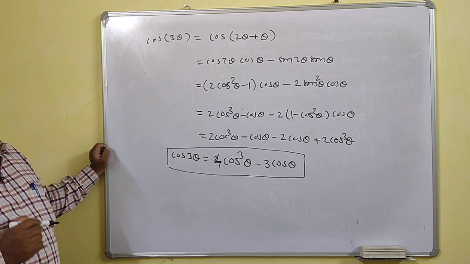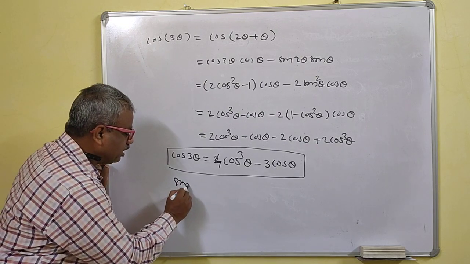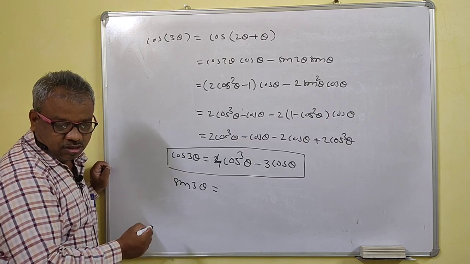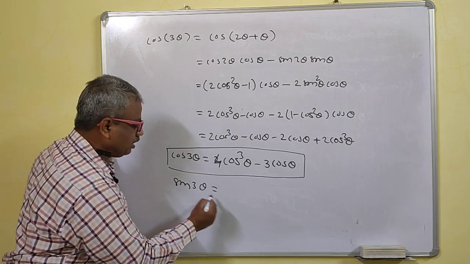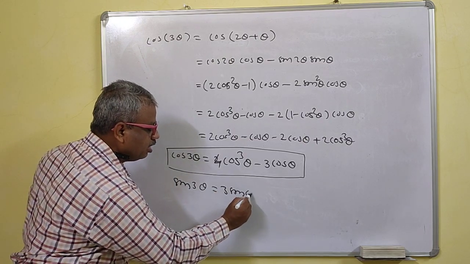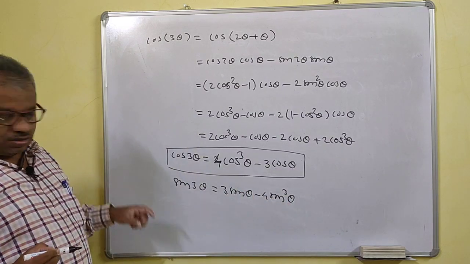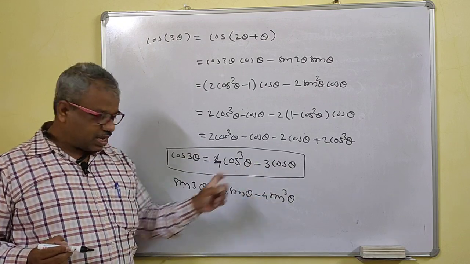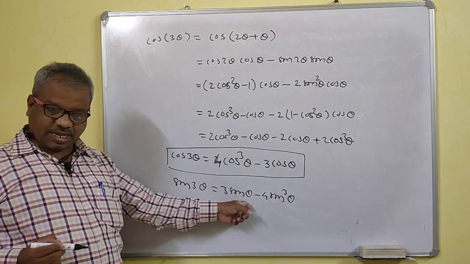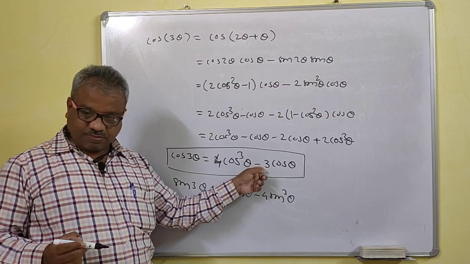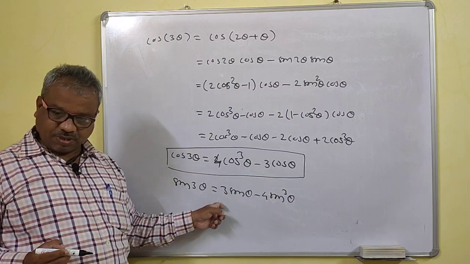Now just compare the formula for sin 3θ. Sin 3θ is 3 sin θ minus 4 sin³θ. Just compare this. Here 3 cos θ is there with a minus sign, but here it is 3 sin θ with a plus sign.